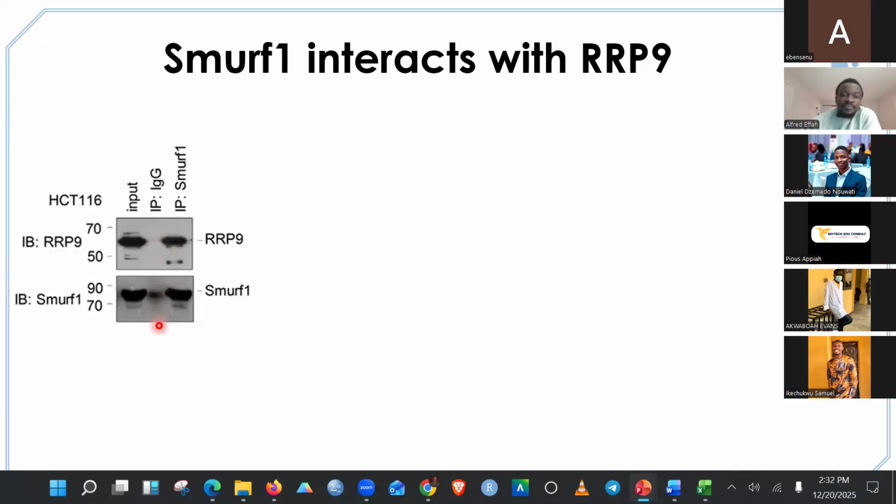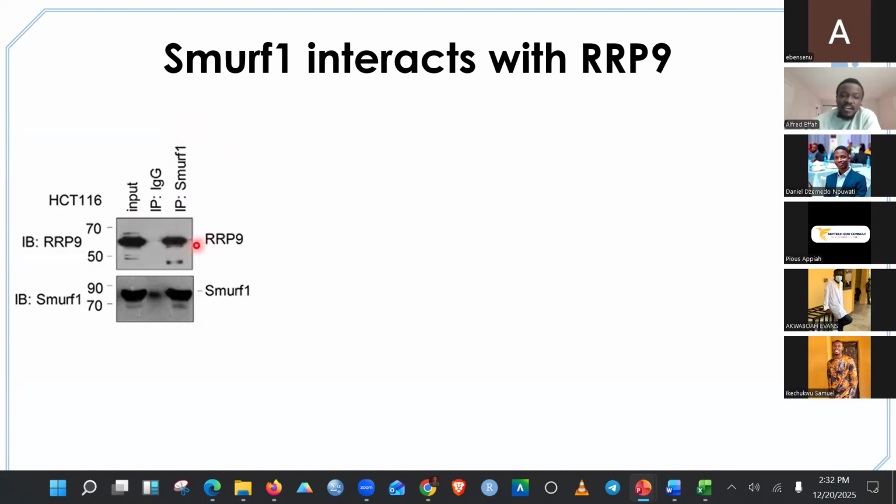So now what they did was they used an antibody against SMURF1. And then they performed the Western blot whereby they stained for RRP9. You could see that after washing and everything, when they stain for RRP9, we are seeing a band here.